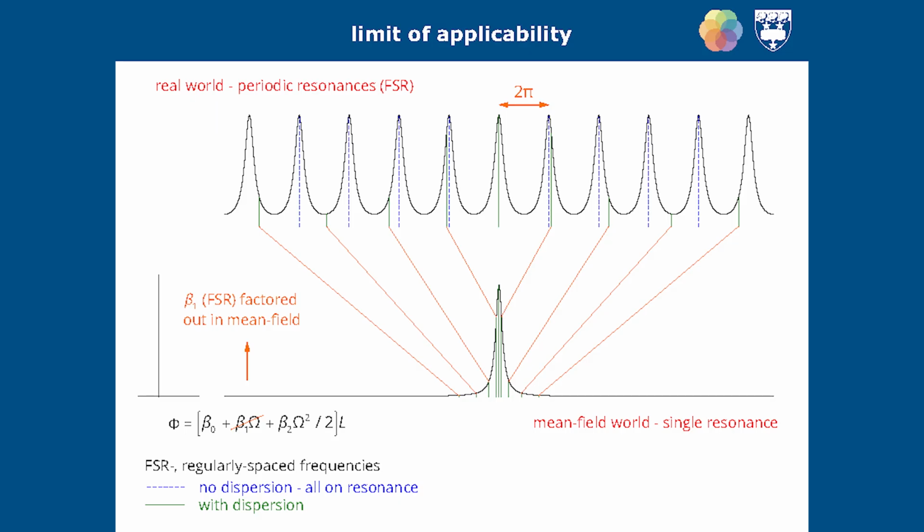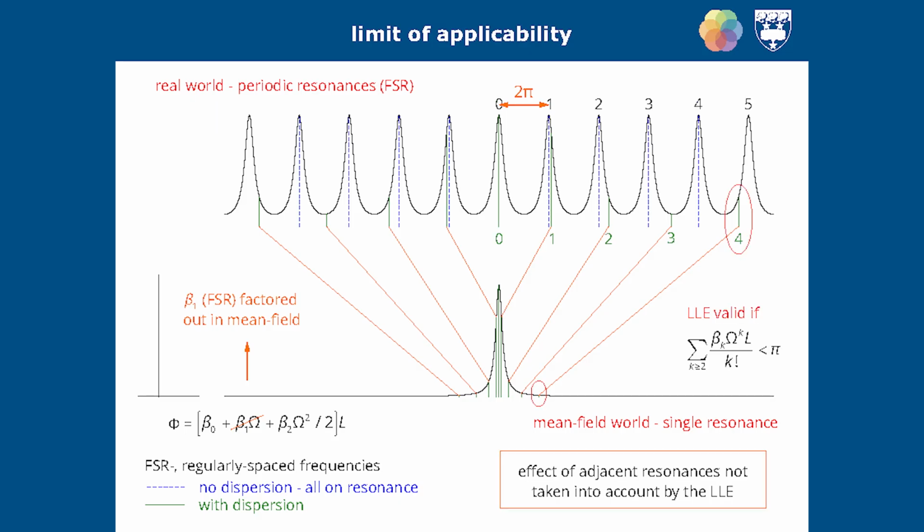And so this is the limit of validity of the Lugiato-Lefever equation. If your spectrum is broad enough that the dispersion effect is starting to push, say, the nth mode close to the n+1 resonance, then that is not captured by the LLE model, okay? But in practice, for micro-resonator frequency combs, you work far away from those limits, okay? But yeah, that's the sort of full picture, if you like.